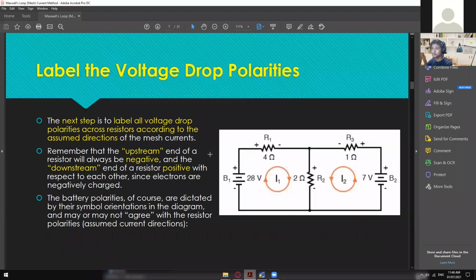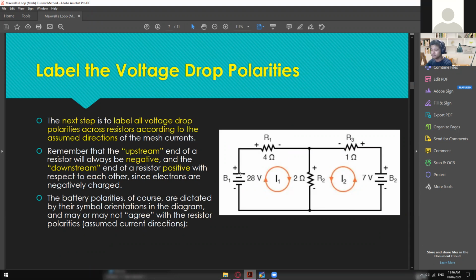After identifying the loop, we can now label the voltage drop polarities. Of course we have here the negative, positive, and then in here, since it's a voltage drop, we have the positive and negative. It is not negative and positive, since we are considering the outer or leaving symbol of the voltage source.